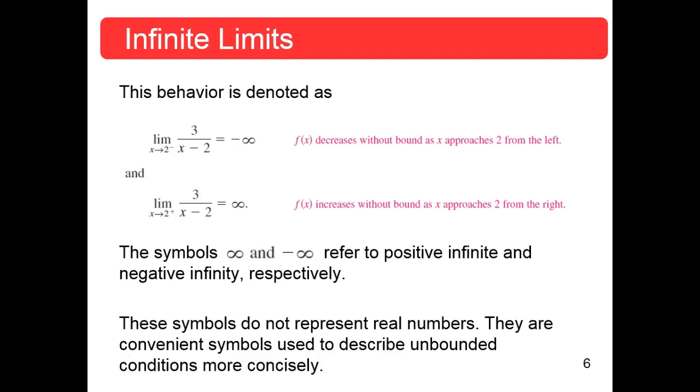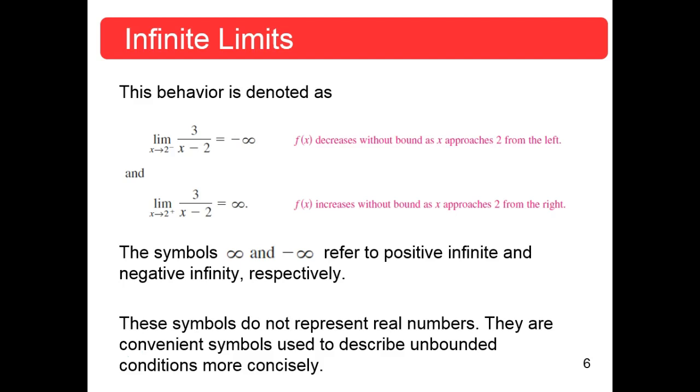So the symbols infinity and negative infinity refer to positive infinite and negative infinite values. I don't know, it seems to me if they say it refers to positive infinity and negative infinity, why would they say one is infinite, one is infinity? I think it's just a typo.